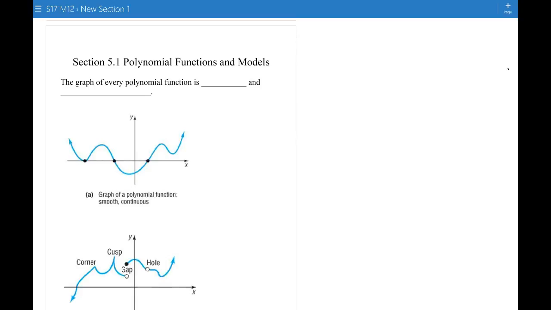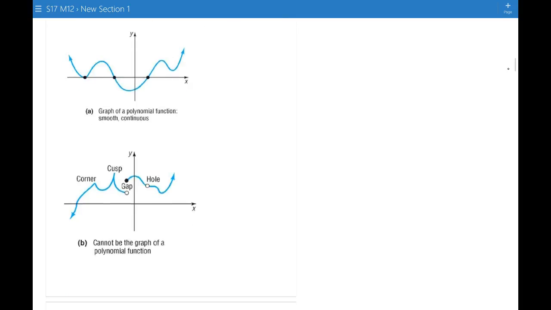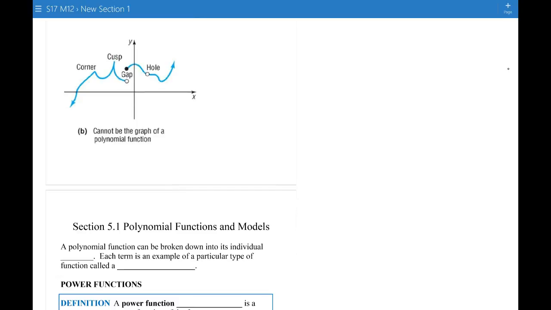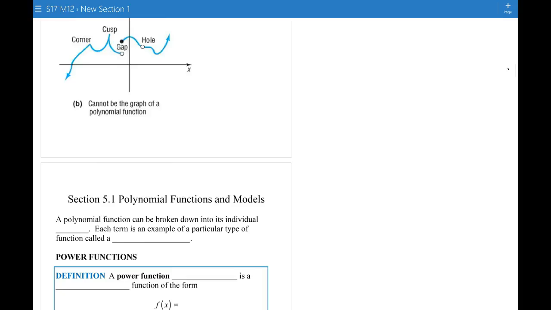So the graph of every polynomial function has some special features. Every single one will be smooth and continuous. So A is a picture of a graph of a polynomial, and B is a picture of a graph that there's no possible way it could be a polynomial because it has corners and gaps and holes and all kinds of problems.